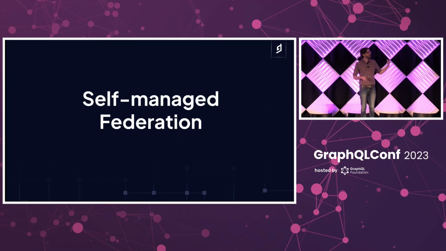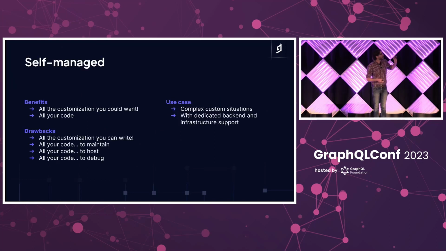If that's the case, toss something like Apollo up on AWS and call it a day. And actually, the next keynote from Yuri is going to be talking about some new open source techniques for this as well. The benefit is that you get all of the customization you could possibly dream of. The downside is you have all the customization that you then have to write and host and manage and maintain and worry about in your off hours.